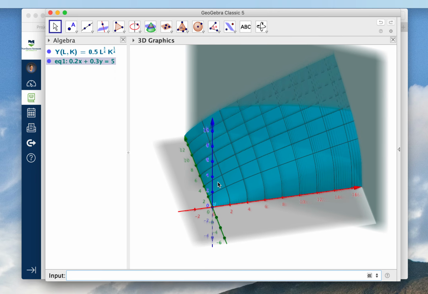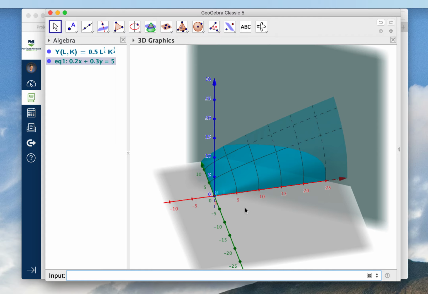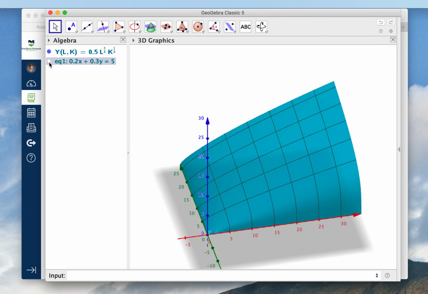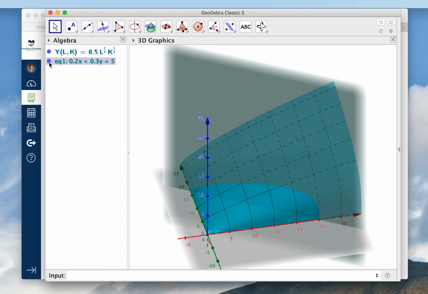And if I zoom out a little bit, we can see our constraint on the amount of money that we can spend on labor and capital. $200 times the number of labor units plus $300 times the number of capital units is not to exceed $5,000. Everything here is in thousands.